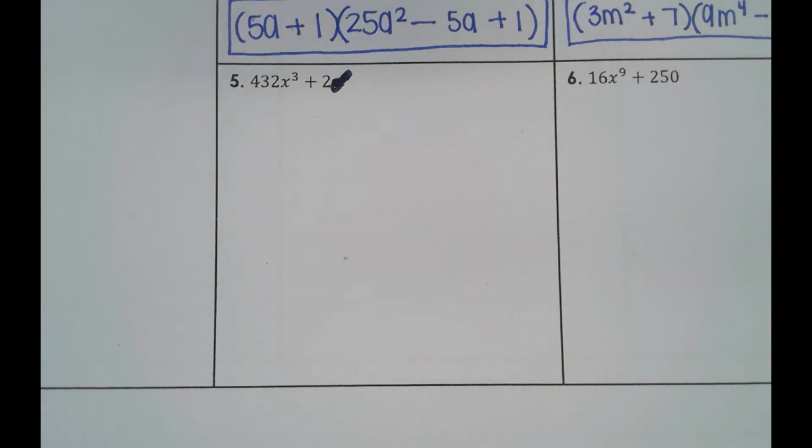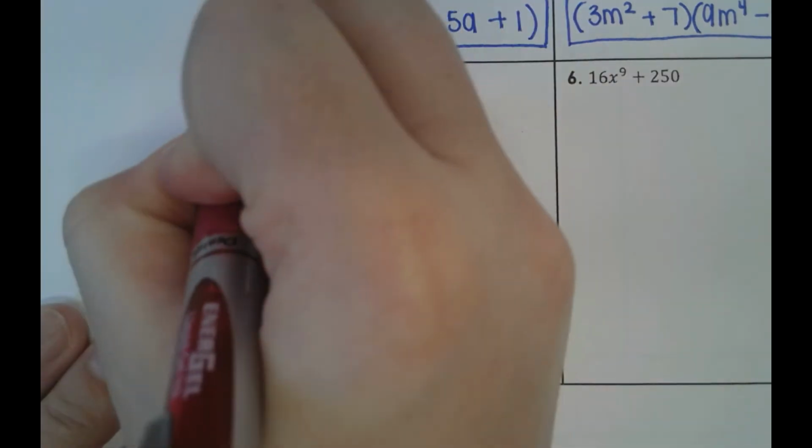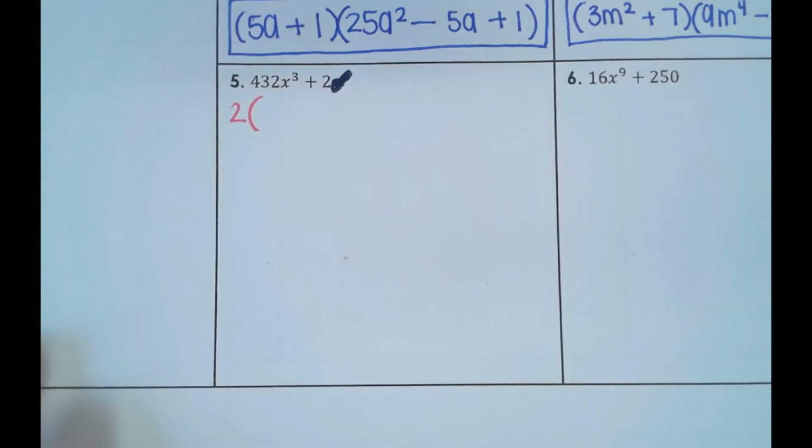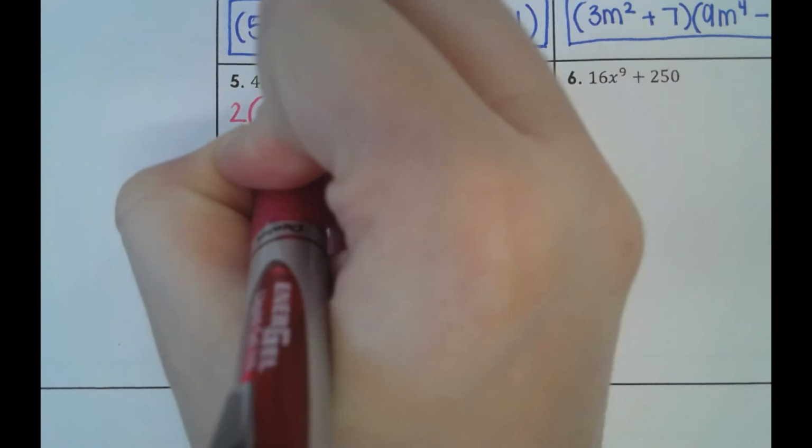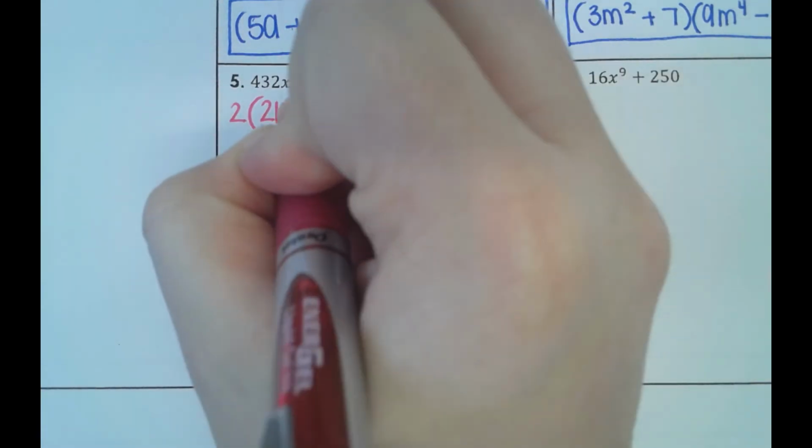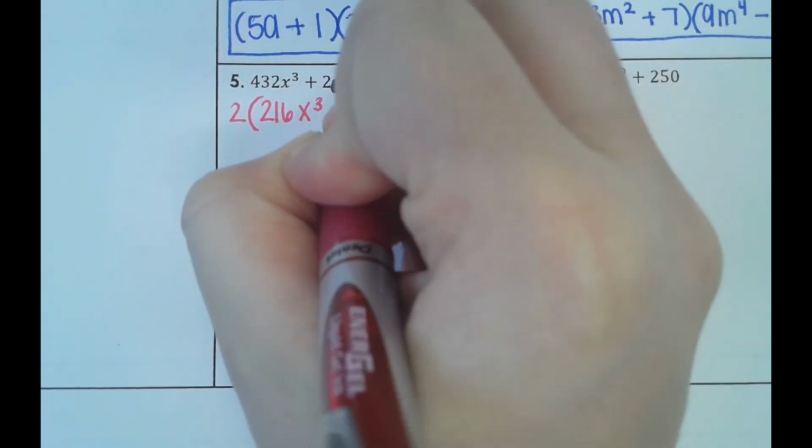Very good. So if I divide everything in there by 2, we get 216x cubed plus 1.